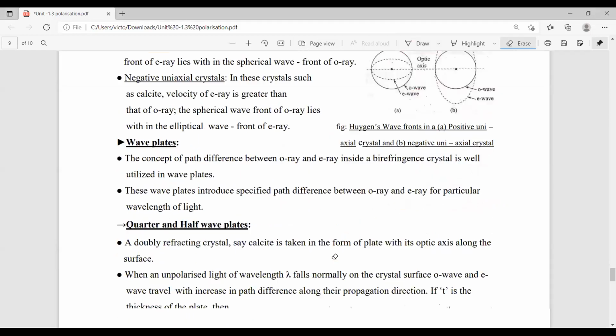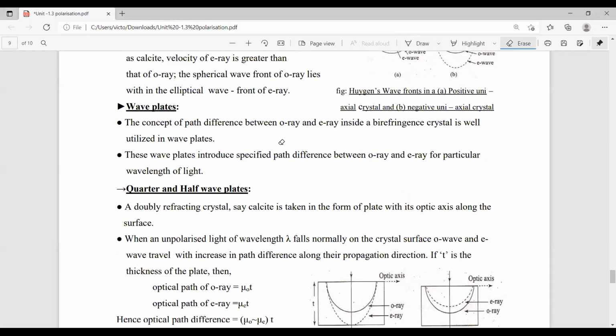And the next very important topic is wave plates. Here there are two types of wave plates. These wave plates are mainly developed based on the path difference between O ray and E ray. So as the velocity of O ray is more, automatically the light traveling distance is more.